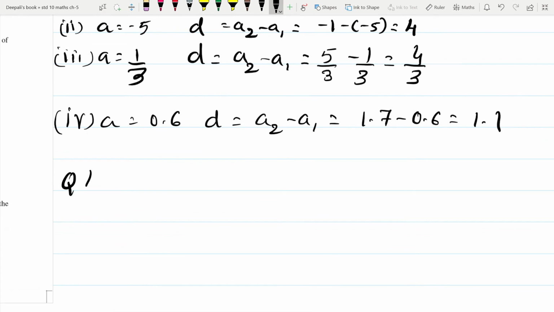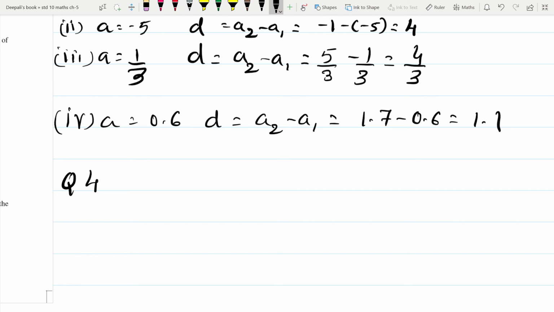Now question 4. We have to check whether it is an AP or not. Now to check whether it is an AP or not, we need to check two things, the first term and the common difference. Now the question is, which of the following are AP? If they are an AP, find the common difference D and write 3 more terms.